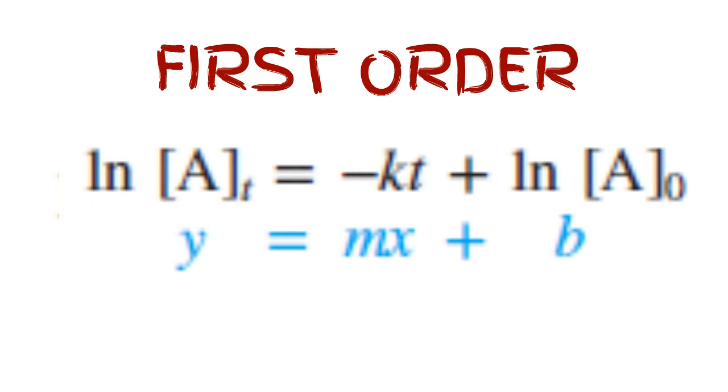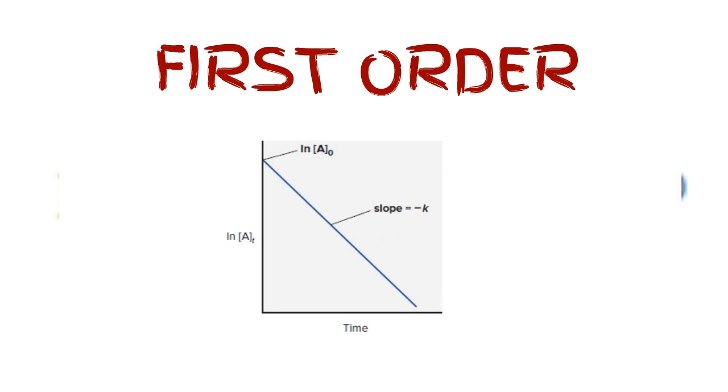Rearranging gives natural logarithm concentration of A at time t equals negative kt plus natural logarithm concentration of A naught. Therefore, a plot of ln concentration of A at time t versus t gives a straight line with slope equals negative k and y-intercept equals natural logarithm concentration of A naught.